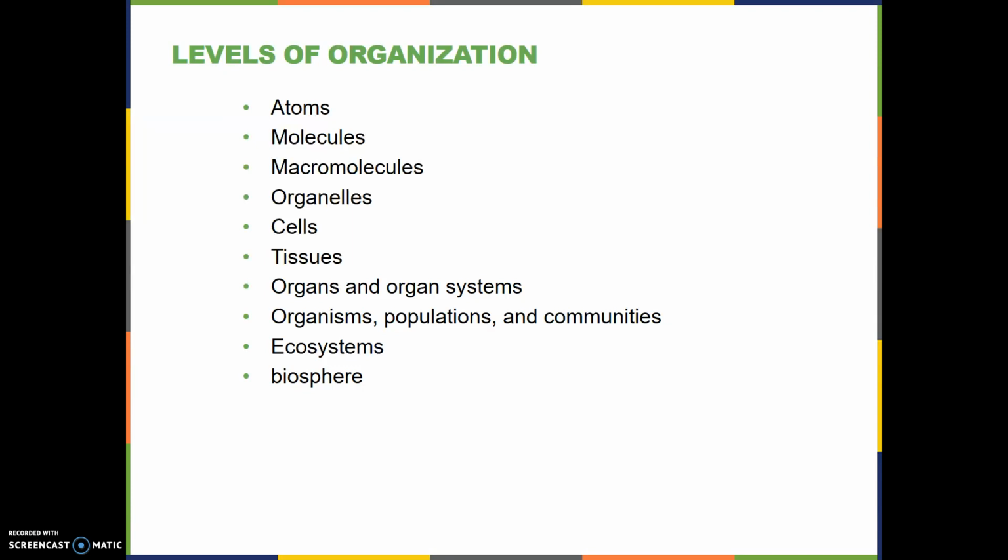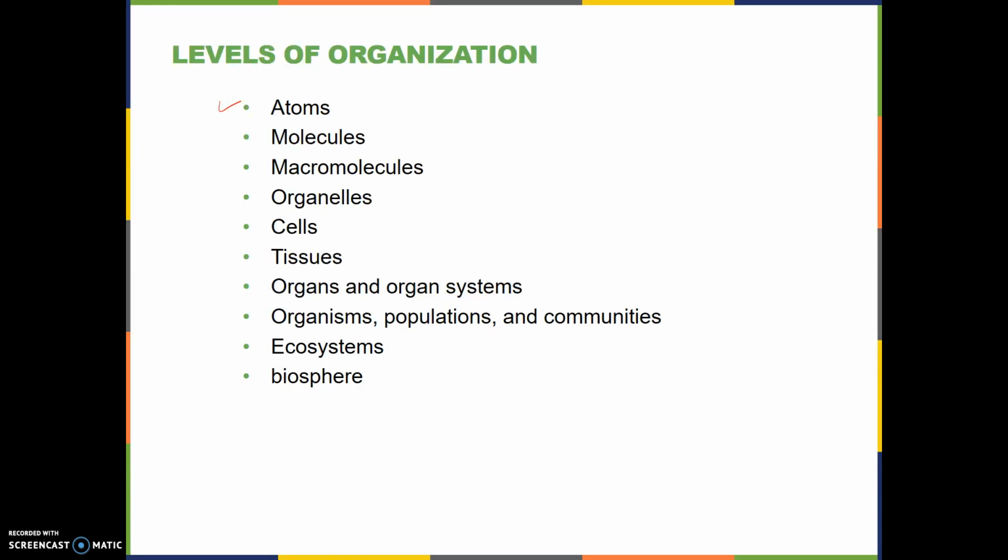When we were looking at the slide of the toad, talking about how living things are organized, they have a certain order. Well, this is a list of that order. Living things are organized at the level of atoms, and atoms are the smallest particles of elements.